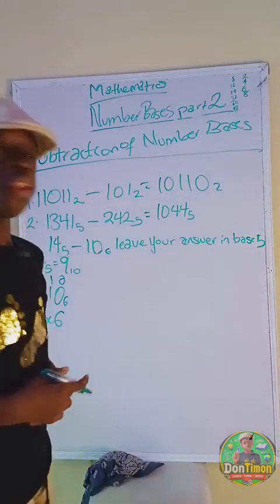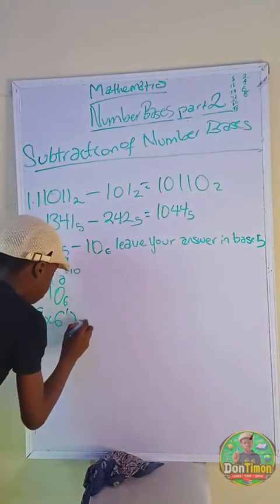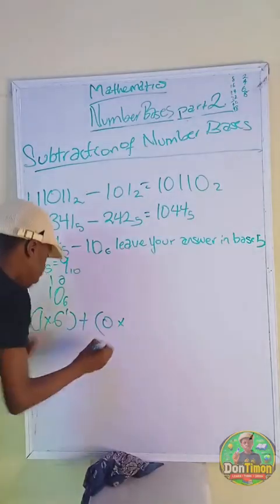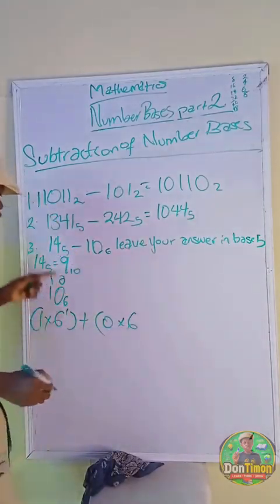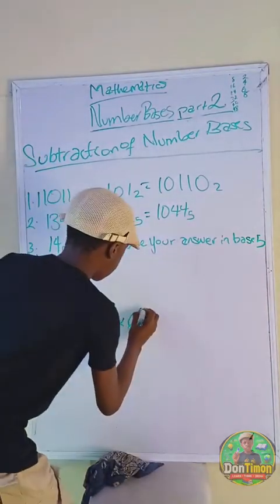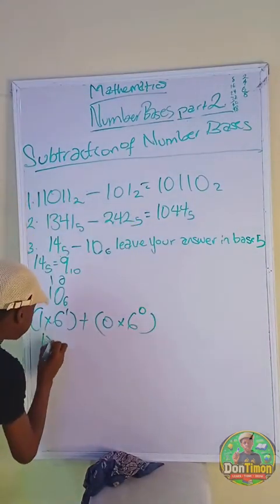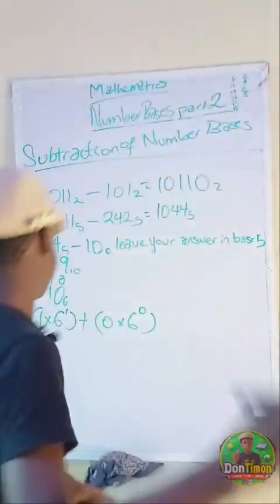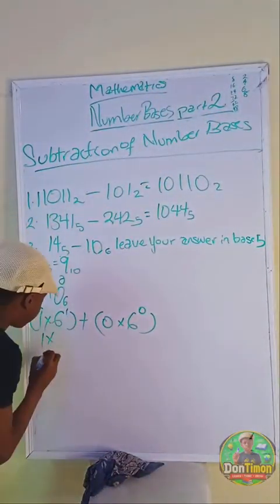What's on top of 1? 1 plus 0 times the base 6. What's on top of 0? 0. We get 1 times, as I told you before, 6 raised to the power of 1 is the same thing as 6.